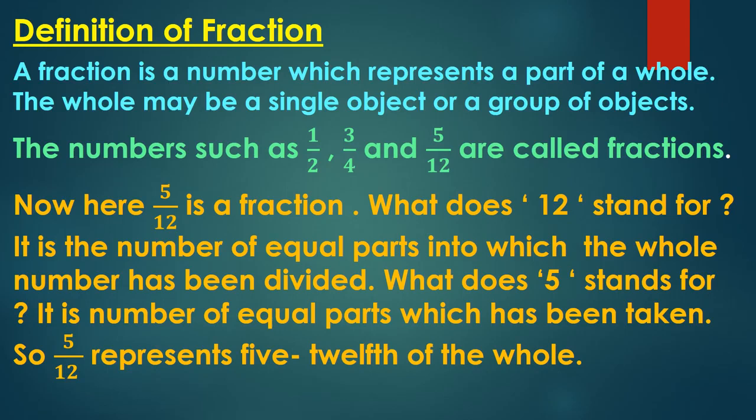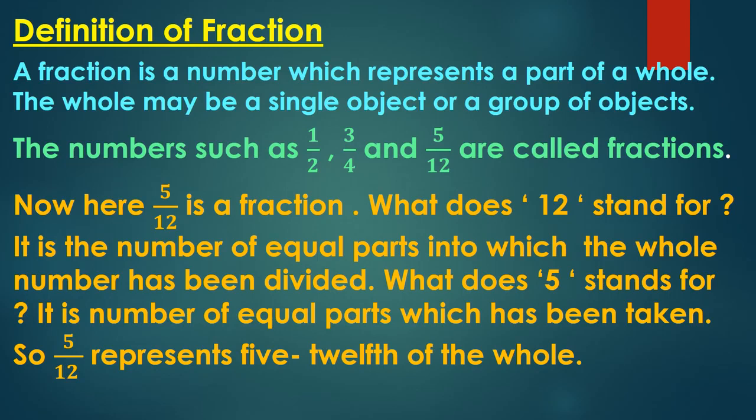See some examples. The numbers such as 1 upon 2, 3 upon 4 and 5 upon 12 are all fractions. Now here 5 upon 12 is a fraction. What does 12 stand for? It is the number of equal parts into which the whole has been divided. It means that we are dividing a whole into 12 equal parts.